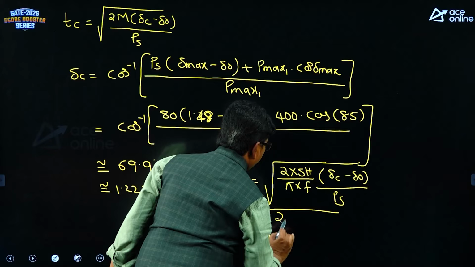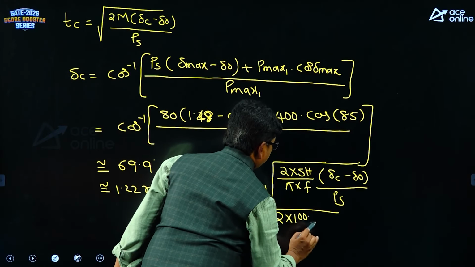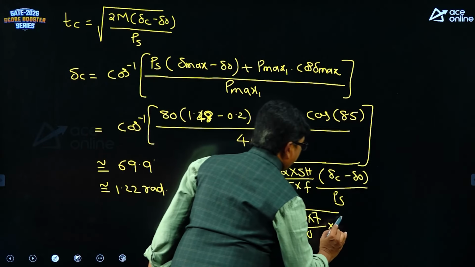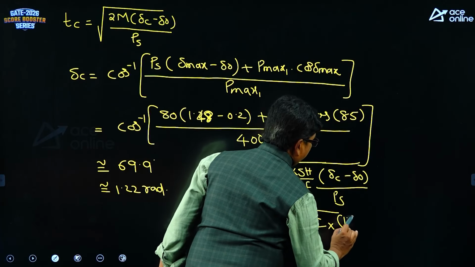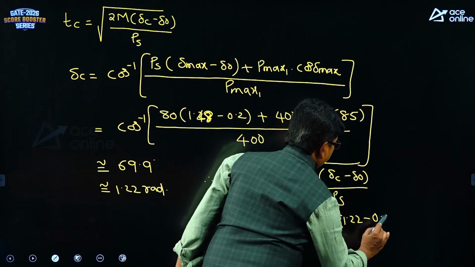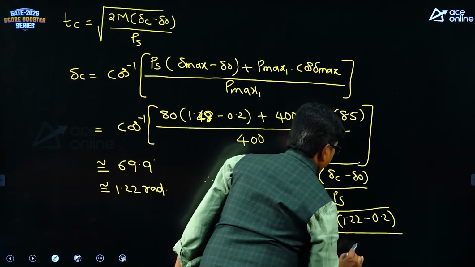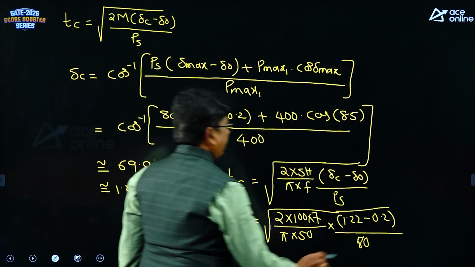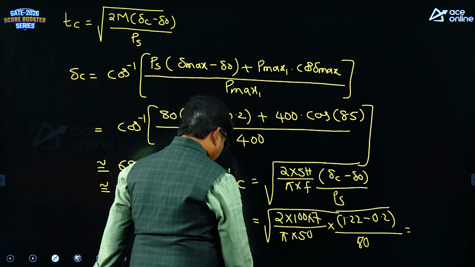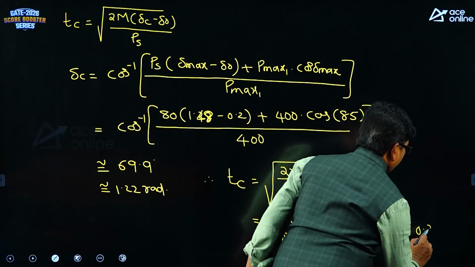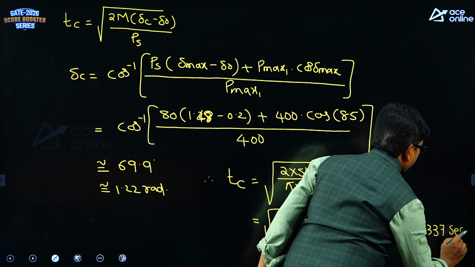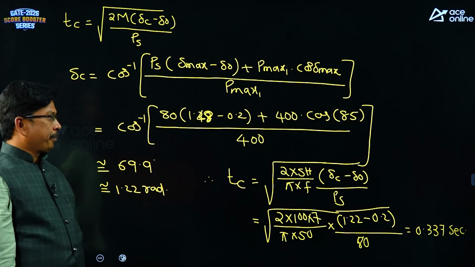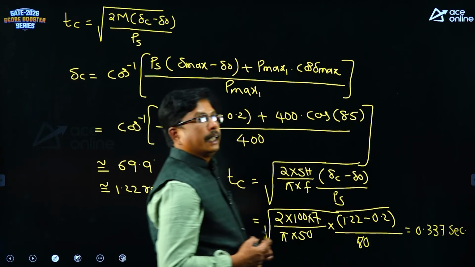It will be 2 into s is 100, h is 7, pi into 50, into delta C in radians, 1.22, minus delta naught in radians, 0.2, divided by Ps, 80 megawatt. You will get the answer in seconds. It will be approximately 0.337 seconds. Please check it clearly. That is the value of critical clearing time.